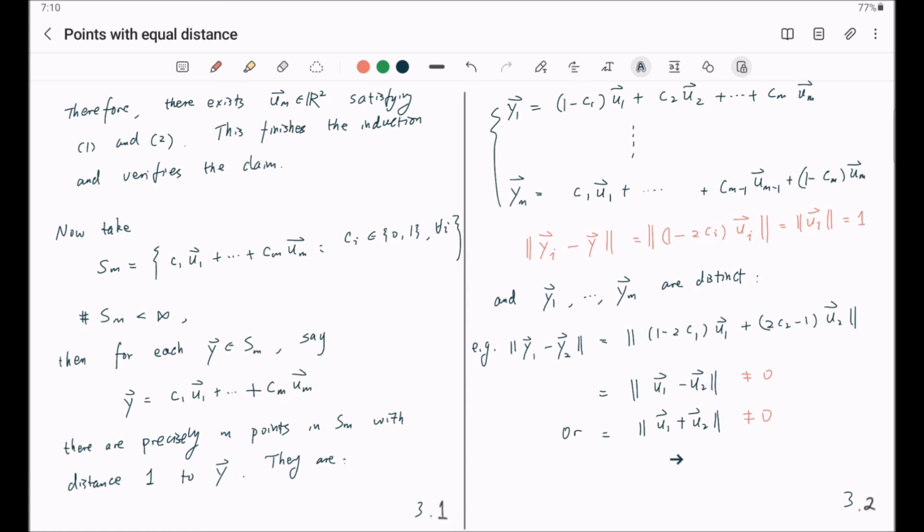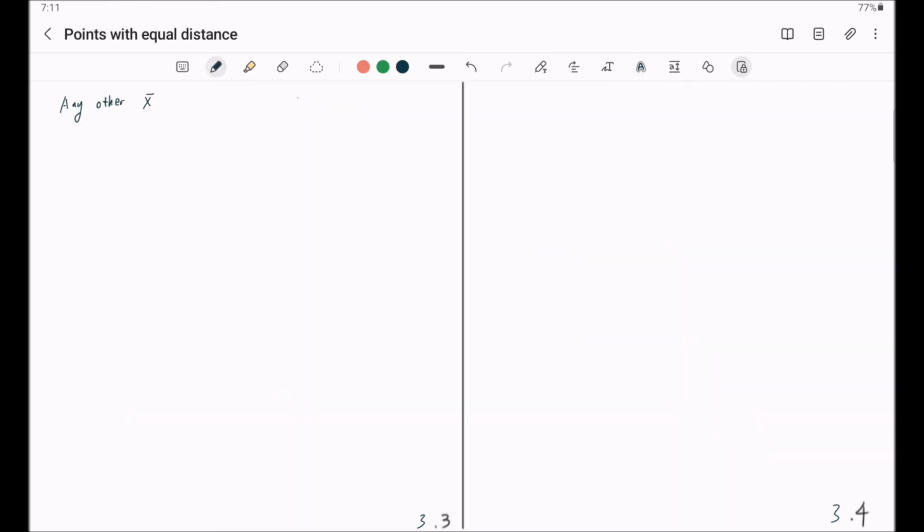And furthermore, any other points in S sub m will have distance to this y not equal to 1. This is because of the property number 2.